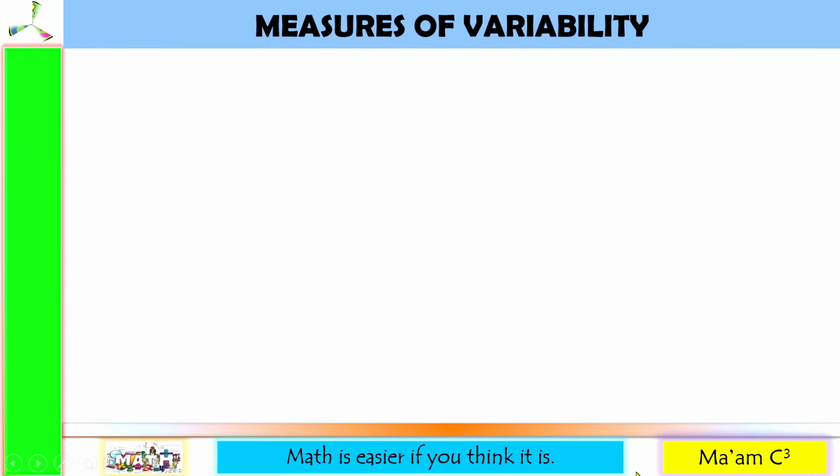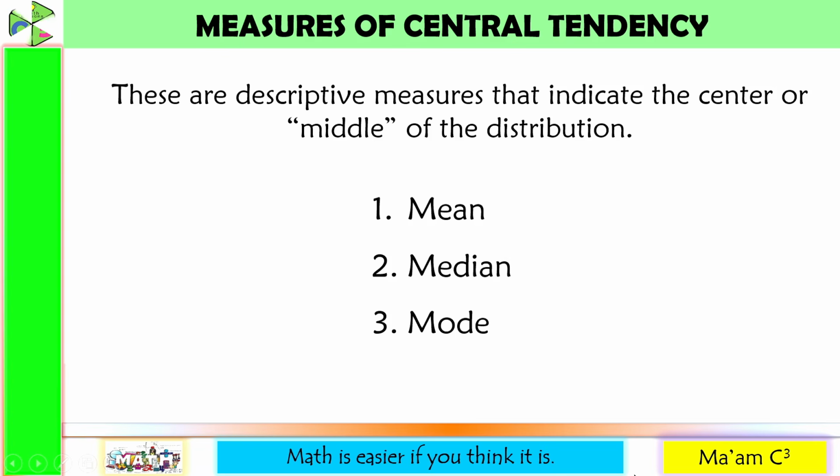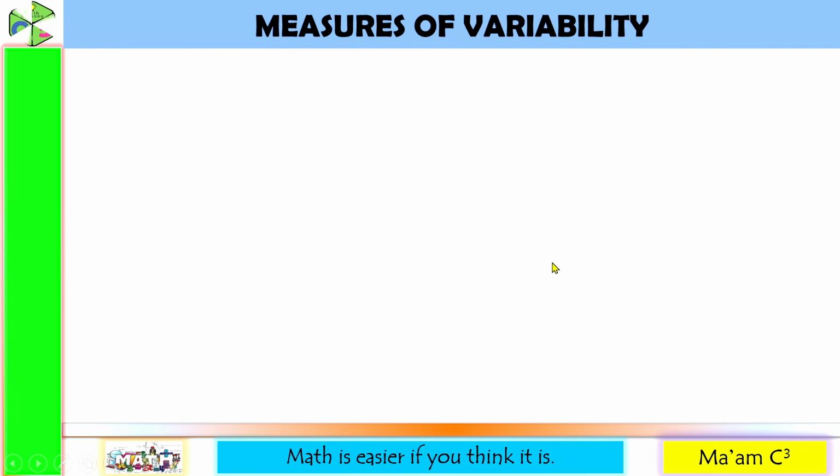But before that, let us recall our previous lesson, measures of central tendency: the mean, the median, and the mode. These are statistical measures that describe a typical value that is located at the middle of the data sets. Now, we will learn about measures of variability.